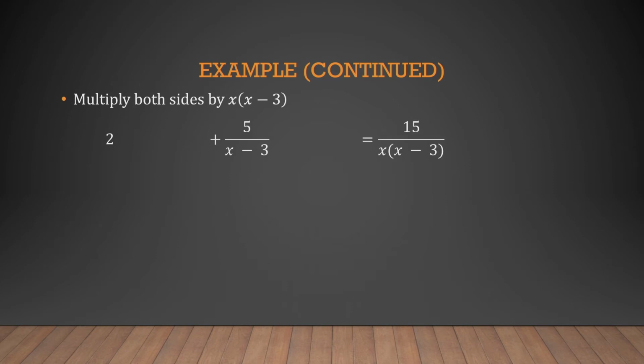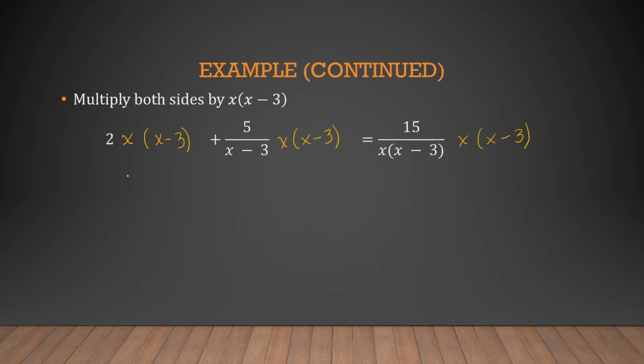Here's our original equation, and I'm going to multiply each term by the LCD. So we have 2 times x times x minus 3 plus 5 over x minus 3 times x times x minus 3 equals 15 over x times x minus 3 times x times x minus 3.